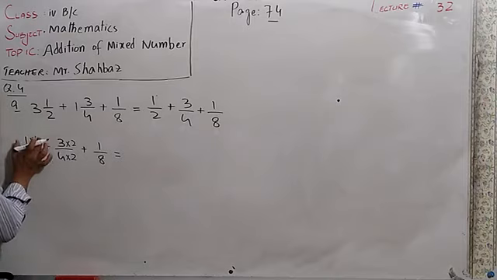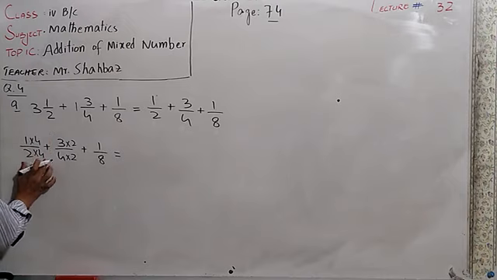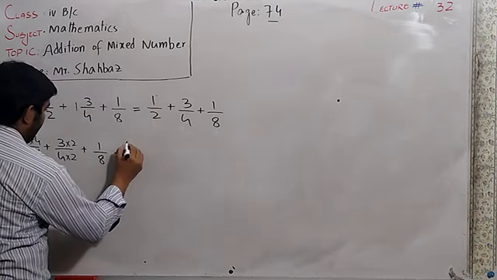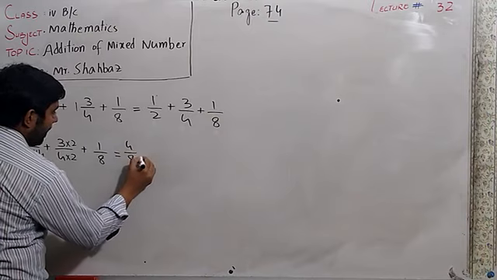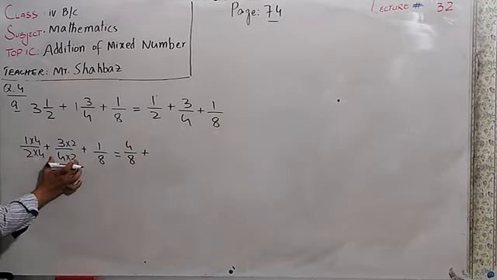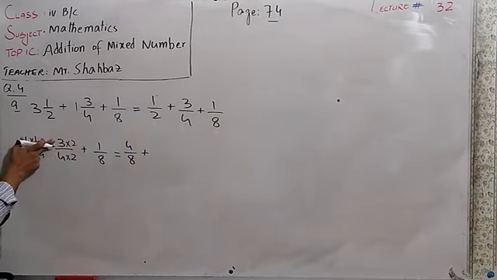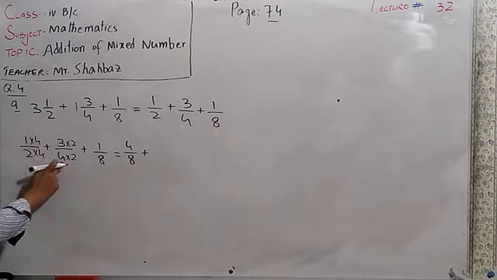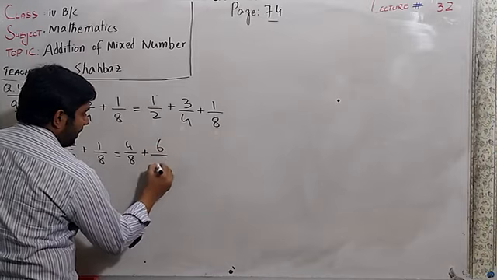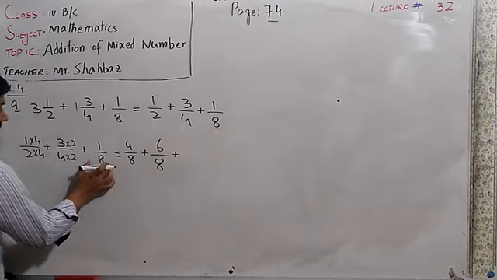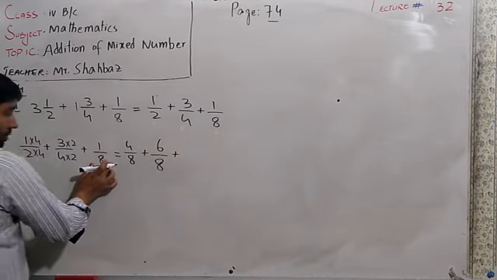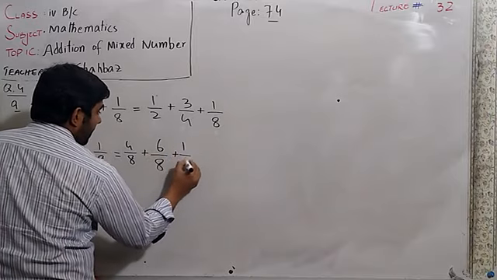Okay. Now 1 4s are 4 and 2 4s are 8. 4/8 plus this one, 3 multiplied by 2 will be 6, and 4 multiplied by 2 will be 8. 6/8 plus it's already 8, so we will copy it as it is.